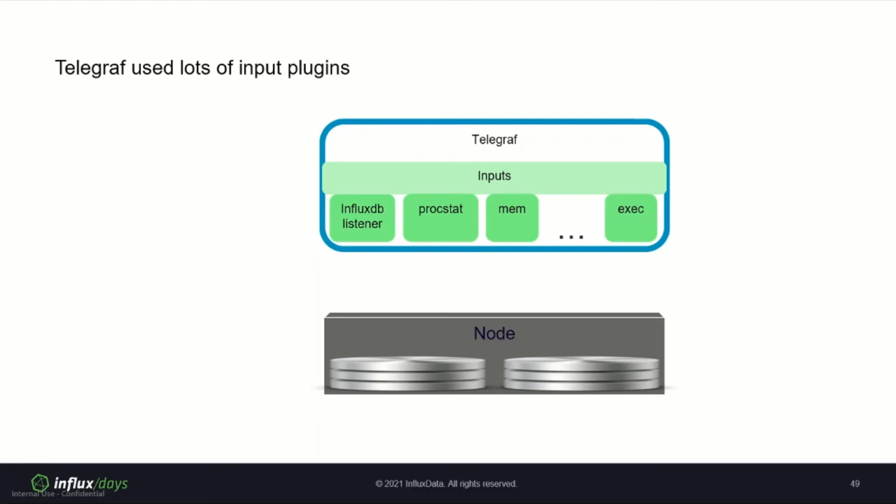Of course, in Telegraf we used lots of different input plugins to gather different system metrics, and most of these plugins were embedded Go code. When investigating memory issues with Telegraf, we found that extra memory was consumed not by Telegraf itself, but by other binaries which were called from the exec input plugin.